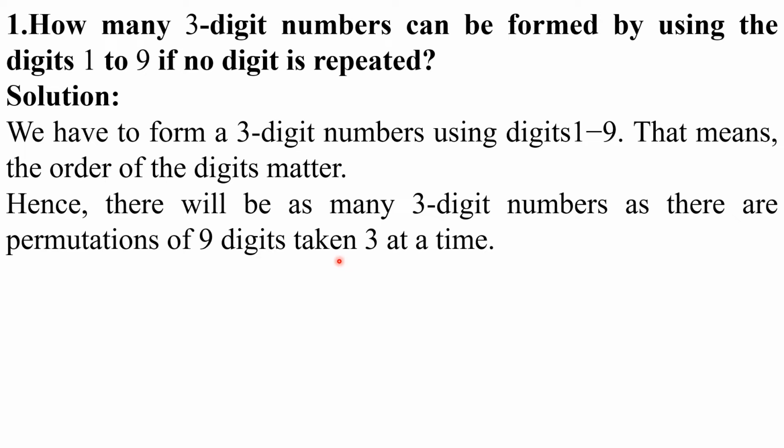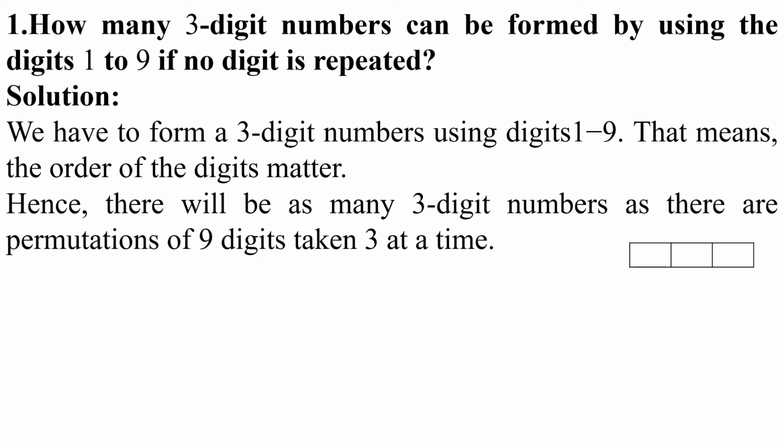What is that? nPr. Here n means 9, r means 3. Total number of digits is 9, and we are forming a 3-digit number, so we have chosen 3 digits at a time. Understood this point, my children?